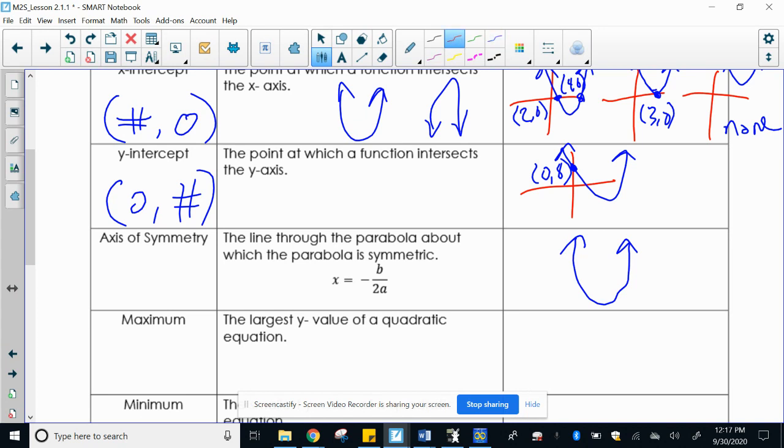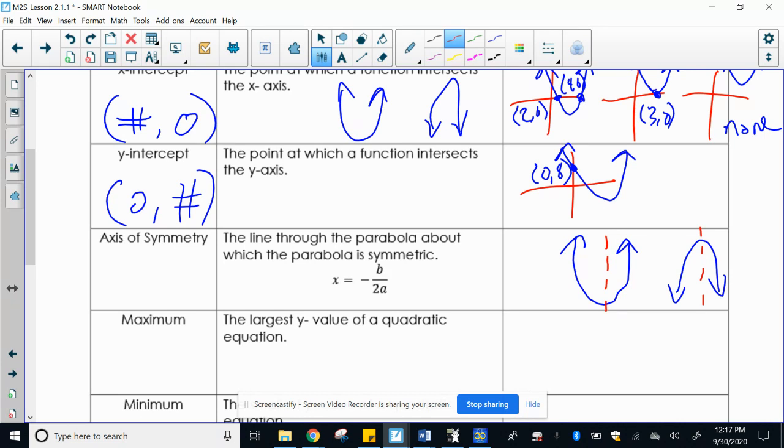There's an axis of symmetry going straight up and down, and you'll see it drawn in often with a dashed line. That's whether our parabola is opening upwards or downwards, we still have that axis of symmetry. Remember, the word symmetry means that the left side and the right side of that line are equidistant from that line, where it looks like a mirror image.